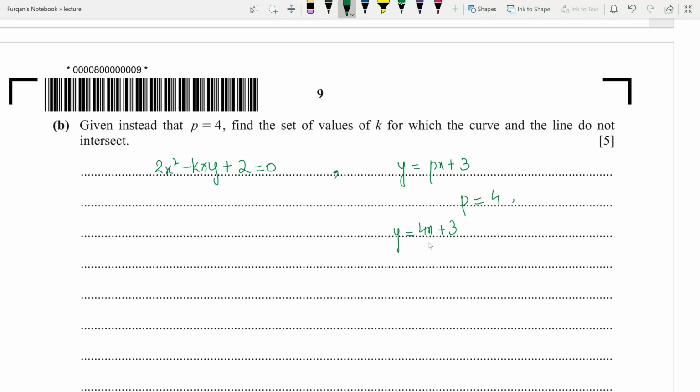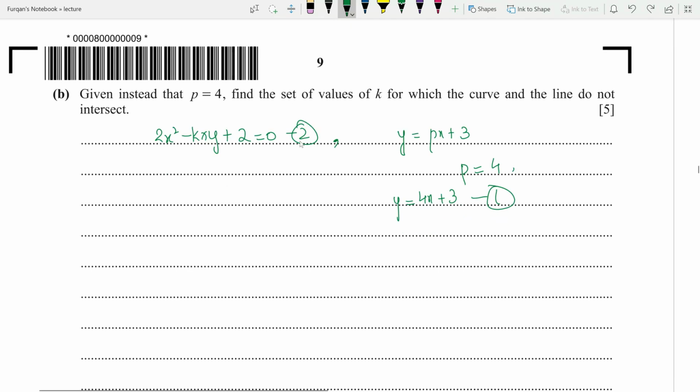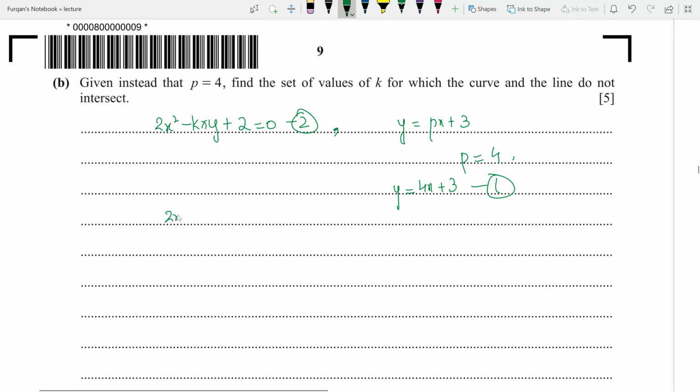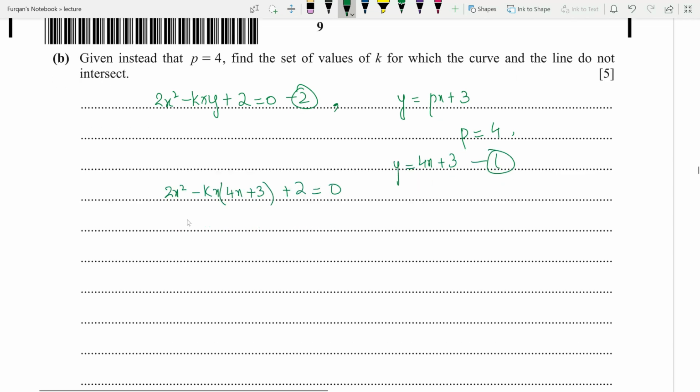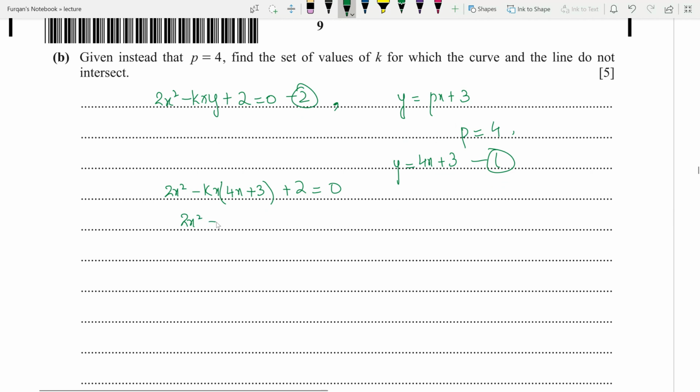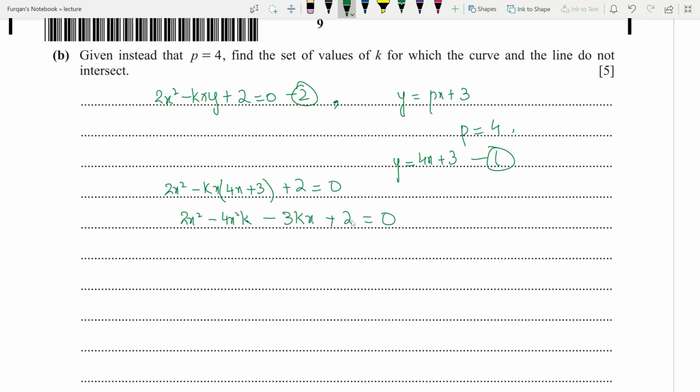First we plug equation 1 into equation 2. Plugging equation 1 into equation 2, we have 2x squared minus kx times y, which means 4x plus 3, plus 2 equal to 0. Solving this, we have 2x squared minus 4kx squared minus 3kx plus 2 equal to 0.